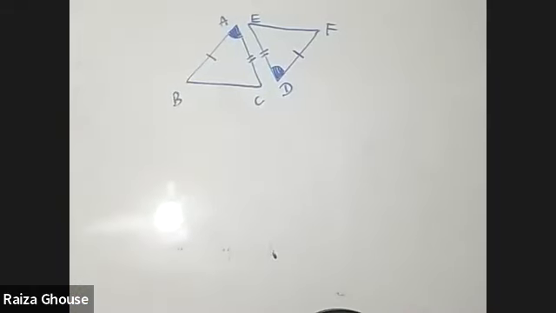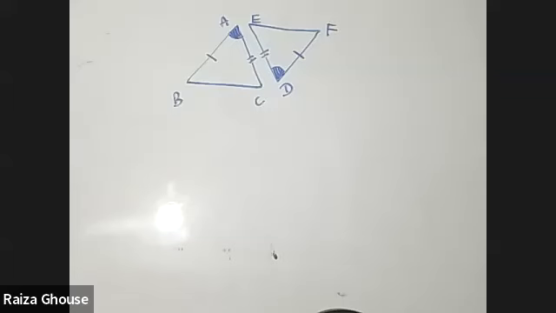Okay, now we are going to start the first question of this lesson. Have a look. There's my marker. Now I have taken two triangles here. Tell me, are these two triangles congruent or not congruent?